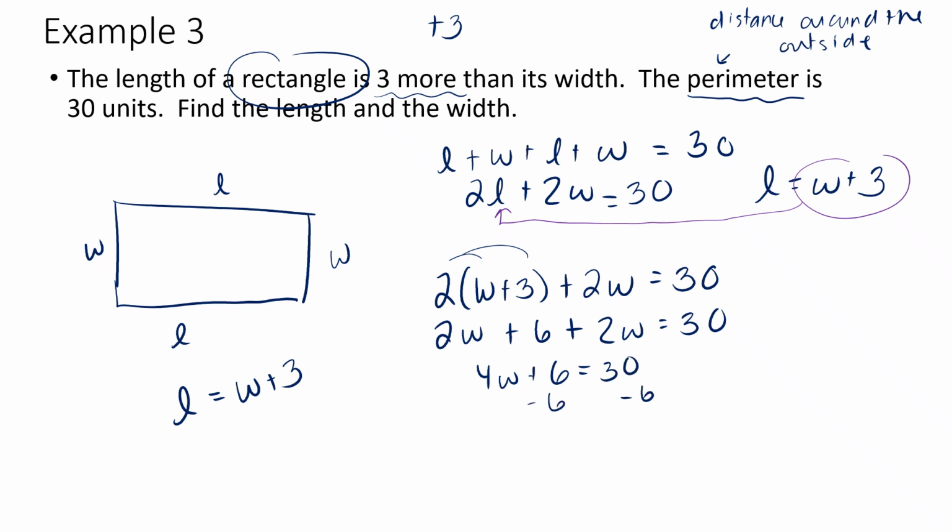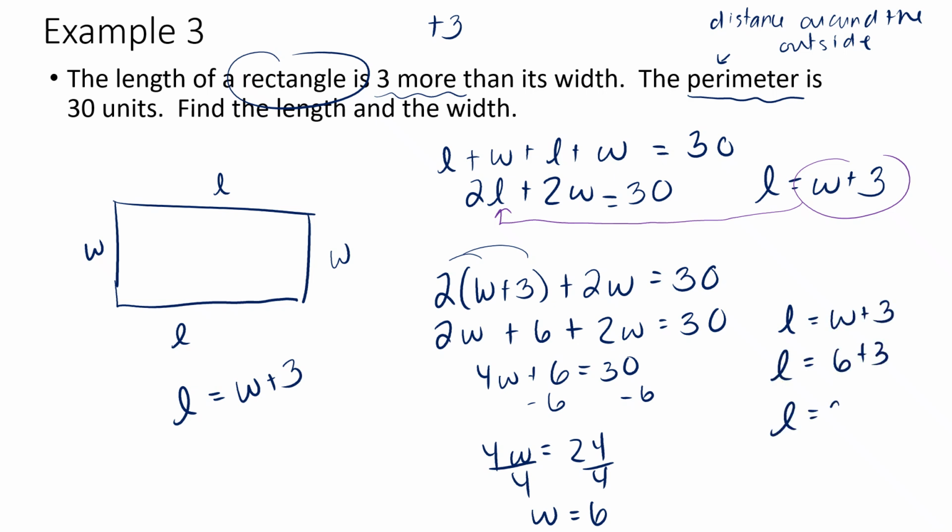Subtract 6 from both sides. So 4W is equal to 24. Divide by 4. And we get the width is equal to 6. And we are asked to find the length and the width, sometimes known as the dimensions. But we know that the length is the width plus 3. So it'll be 6 plus 3 or 9.